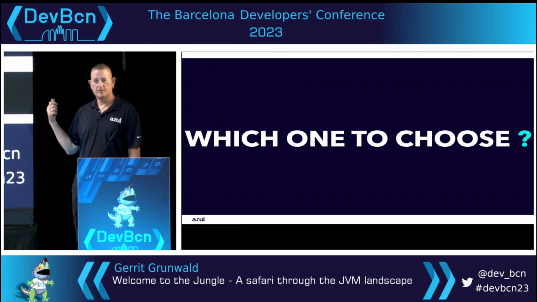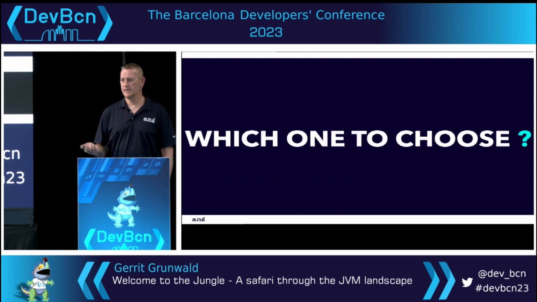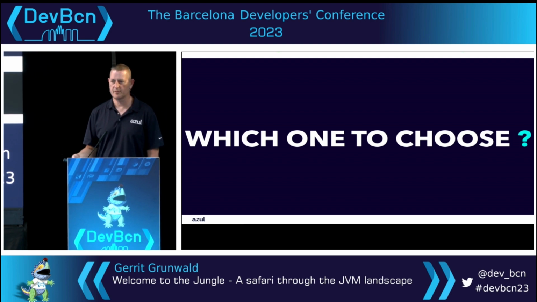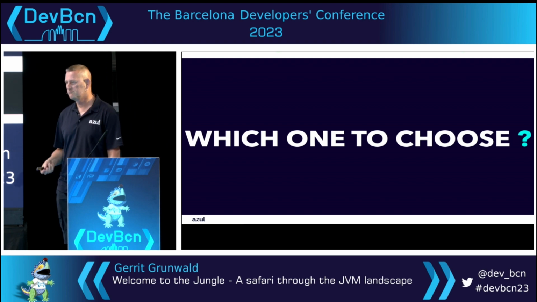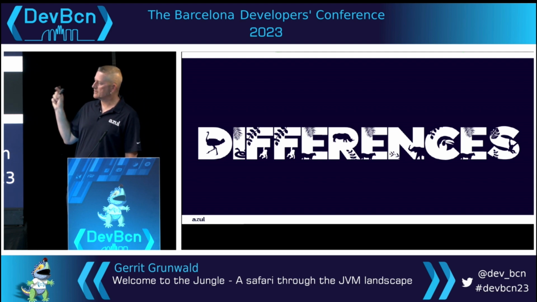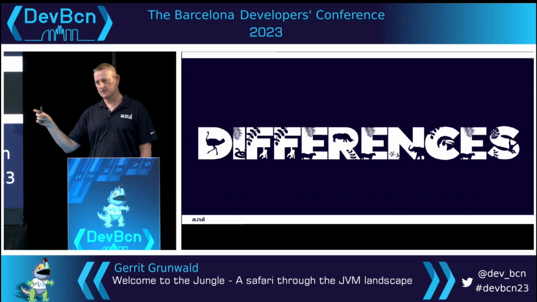Okay, that's the question. Which one to choose and why? Right, so who's using, for example, Tamarin here in production? Okay, someone using Corretto on AWS? Okay, so there are people that use Corretto not on AWS, but locally or on their own environment. Okay, the question is why? Right, so we have to take a look at the differences to understand and to make a decision.